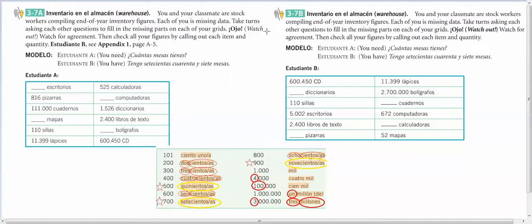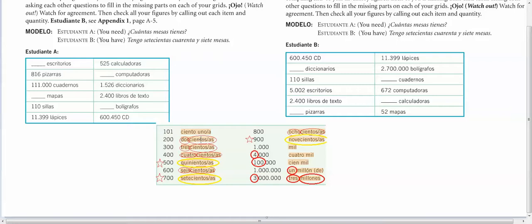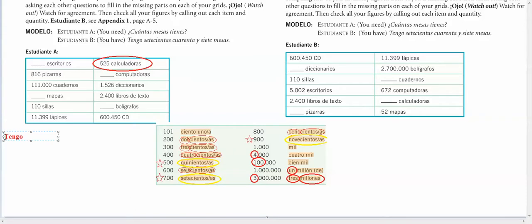Okay. Numbers can also be used as adjectives. So, like for example, in this activity, when you're trying to say how many of something that you have, you have to worry about agreement. Just like with one, if you'll notice, just the numbers 200 up to 900 worry about feminine versus masculine. So for example, here with 525 calculators, if I want to say I have 525 calculators, what I'm going to say is tengo 500 is 500, okay?